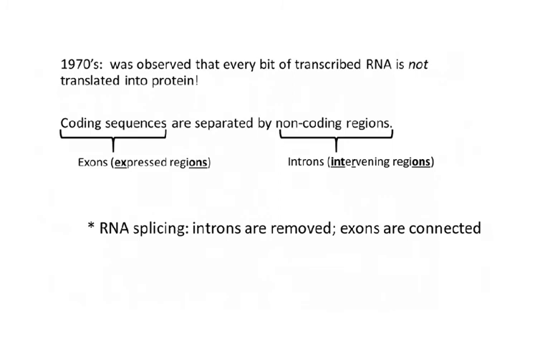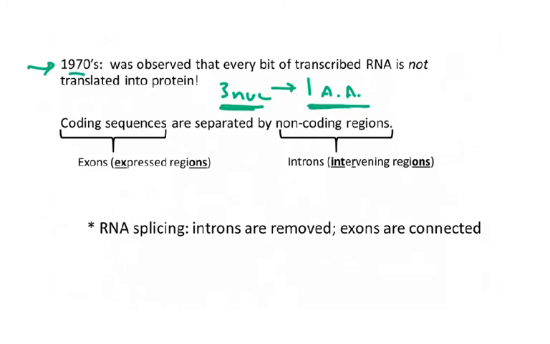So in the 1970s, it was actually observed that, if we count up all the possible genes that we could have in the DNA based on the amount of DNA, if we know that for every 3 nucleotides, it corresponds to 1 amino acid, that's going to be the genetic code. We're going to see that in more detail when we look at translation. But with this rule, every 3 nucleotides of DNA corresponds to 1 amino acid.